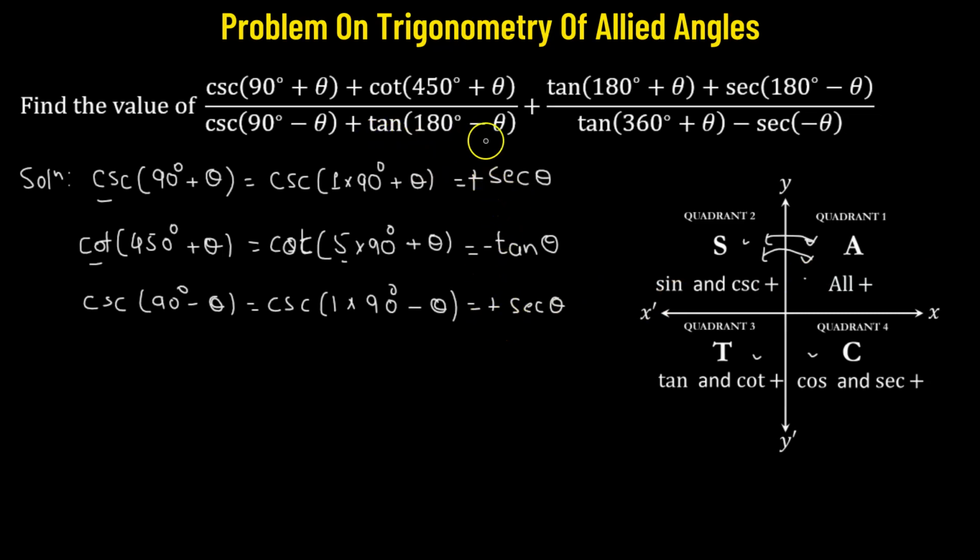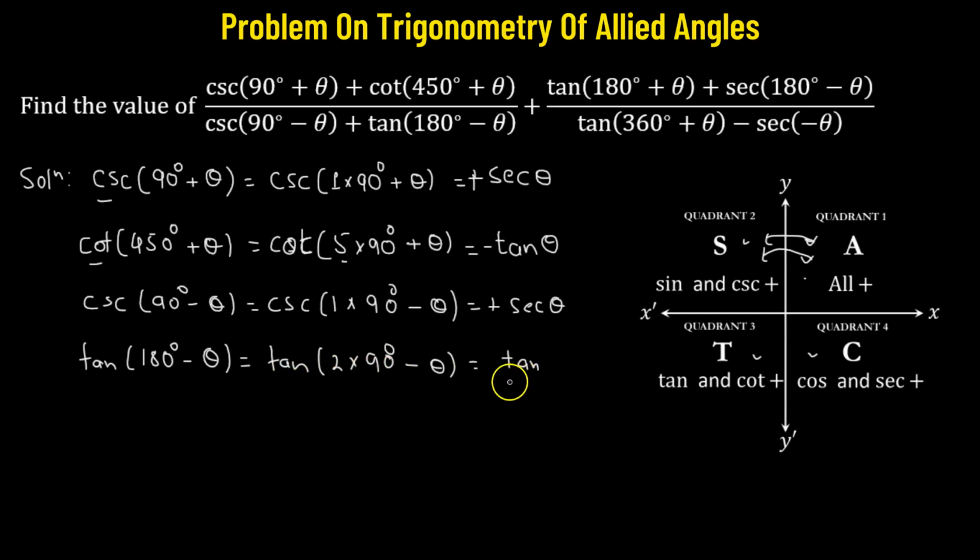Now going to tangent of 180 degree minus theta. This will be equal to tangent of 2 times 90 degrees, so that's 180, minus theta. Now we have an even multiple of 90 degree. Whenever we have an even multiple of 90 degree, the tangent function is not going to transform.